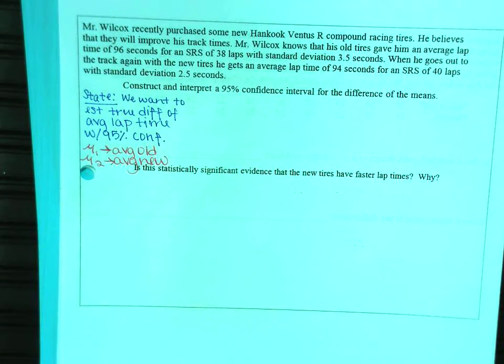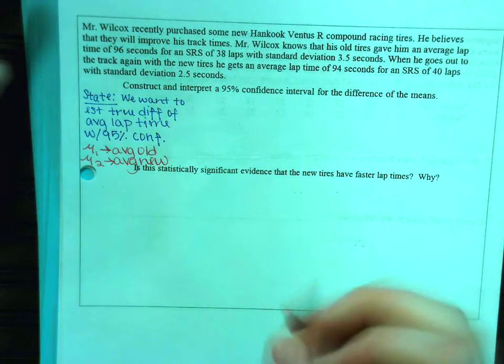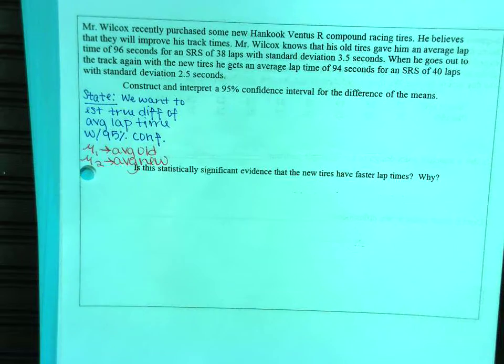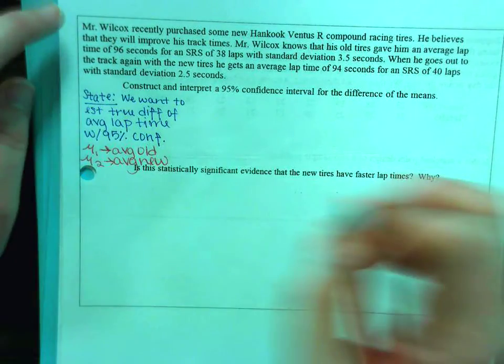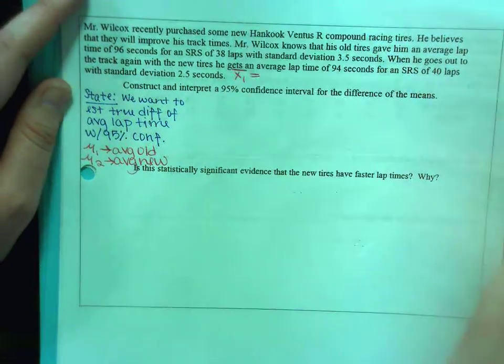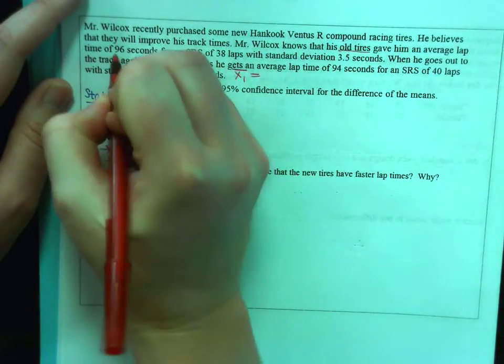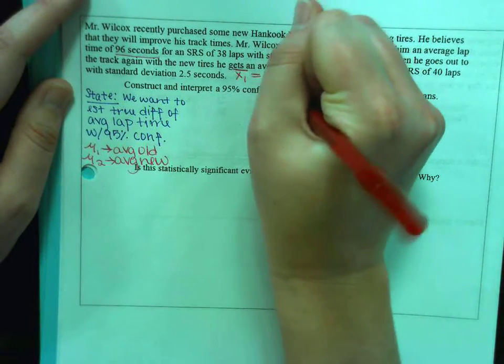And then, what else do we have to say? Is that it? No. Let's write down what we know. You don't have to necessarily put it into the state part of your problem, but you do want to write down what you know. So we know X bar 1, the old tires average, is 96.